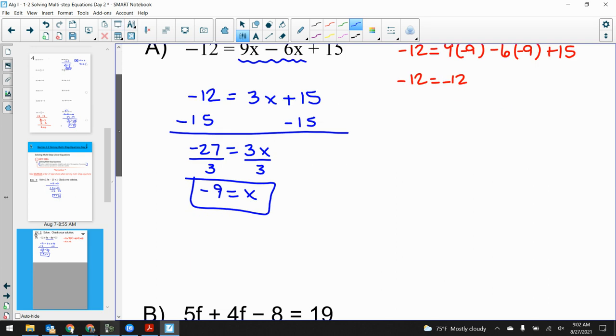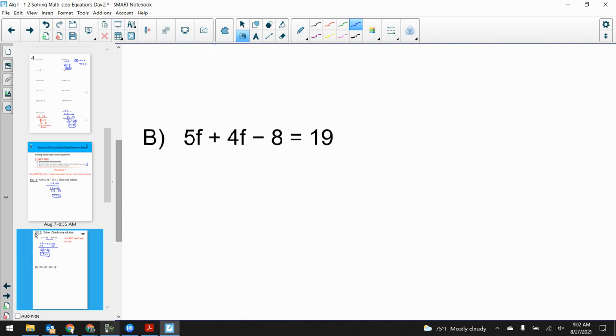Okay, let's do another one. Same type of thing here. I want to combine like terms and then solve. So let's do it. What is 5f plus 4f? 9f. 5f plus 4f is 9f. Minus 8 is equal to 19.